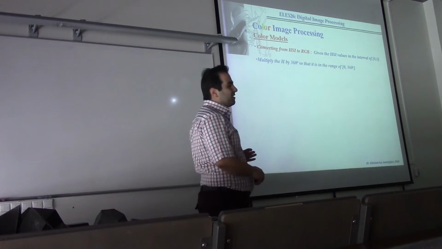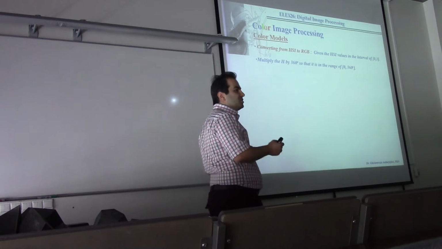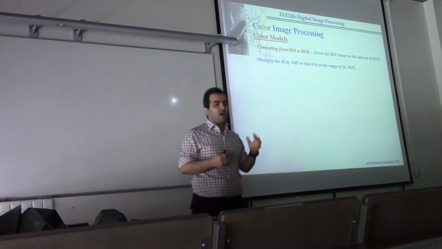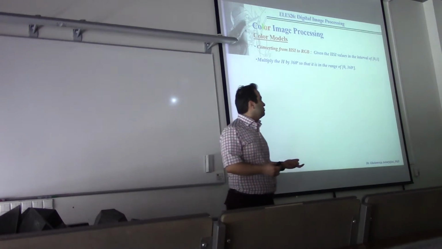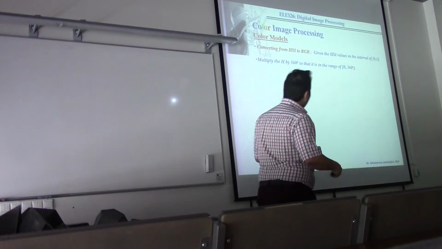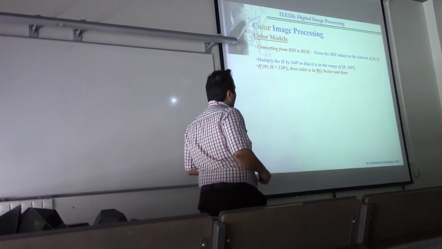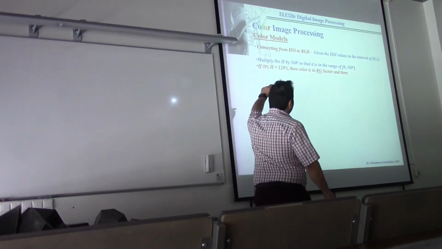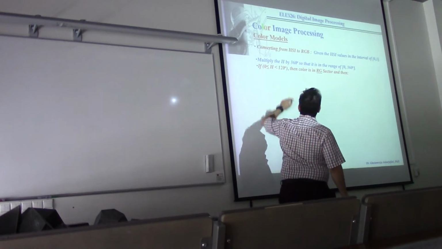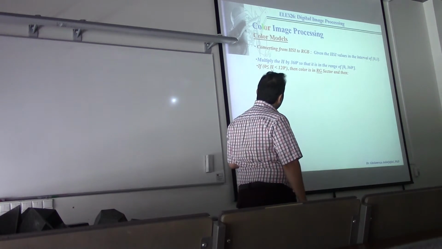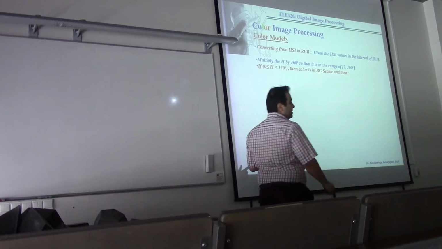And also sometimes we have the image in the HSI color space, and we want to convert it to the RGB values. We can use some equations to convert it, but we have to consider that when H is between 0 and 120 degrees, you have to consider this.